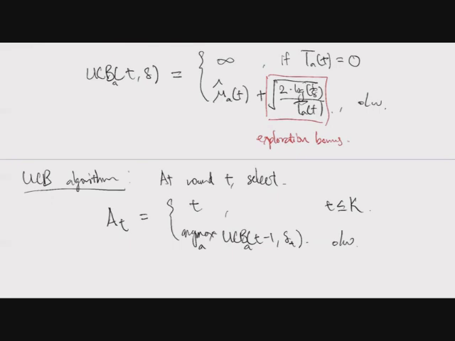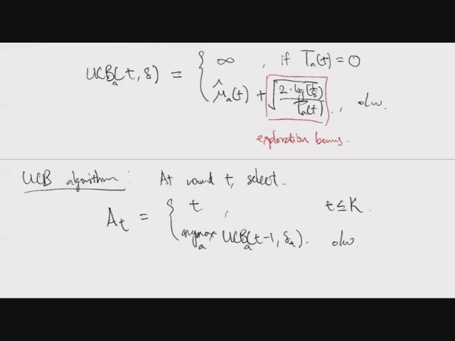So if either mu hat of A is big, or T_A(t) is small, then this should incentivize us to pull arm A even more.